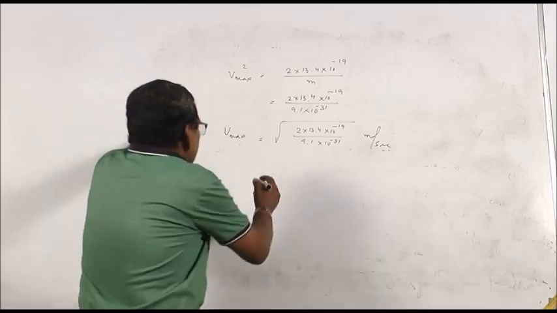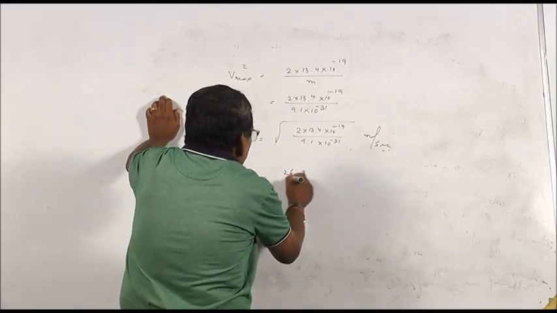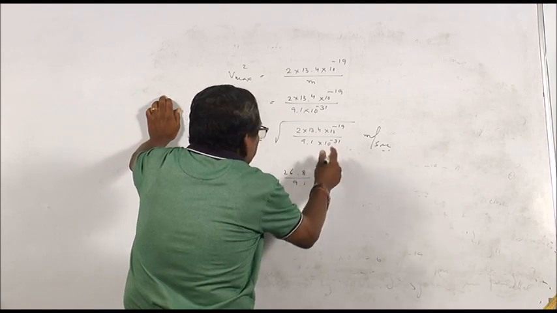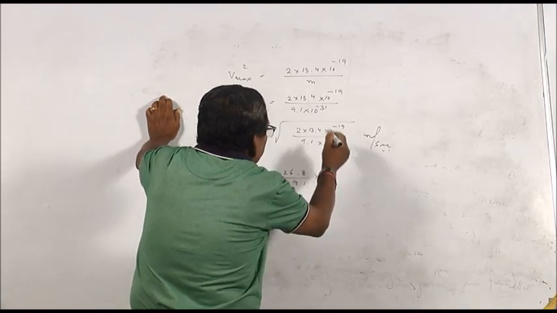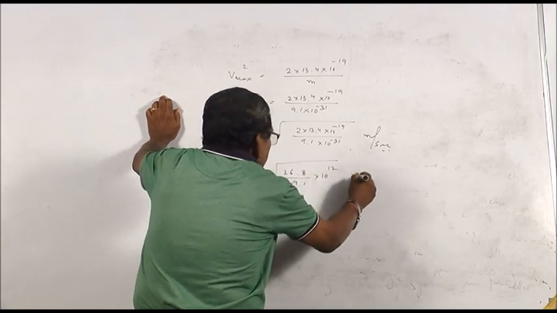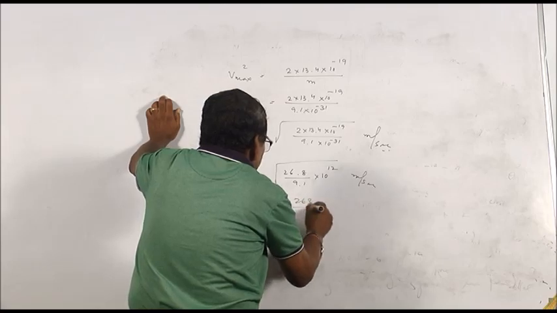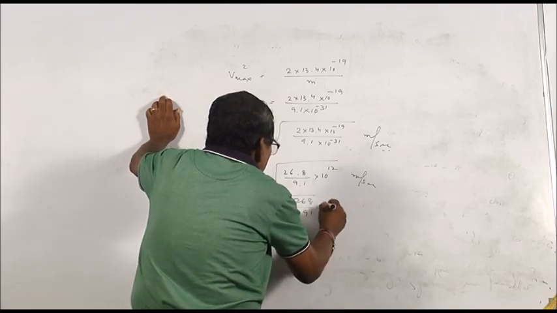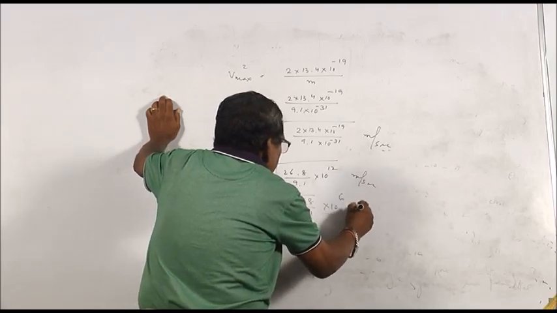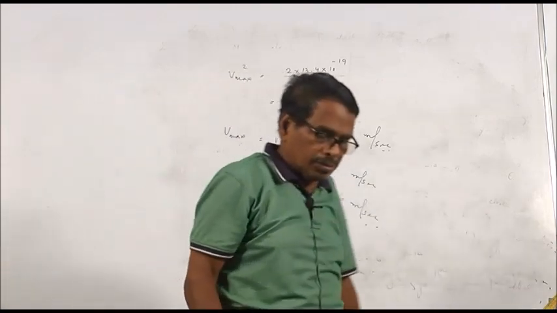It's simple, you can calculate like this: 26.8 by 9.1 into 10 to the power 12, root over, meter per second, that is 268 by 91 root over 10 to the 6 meters per second. Leave it like this, the maximum velocity of the ejected electrons.